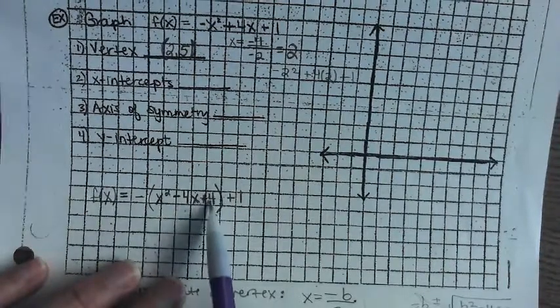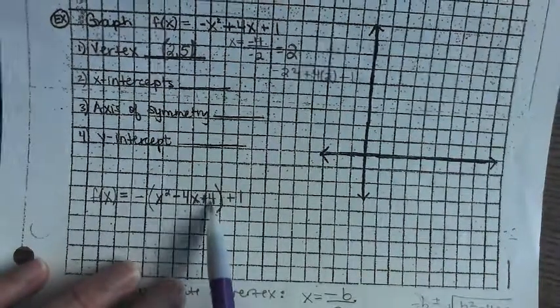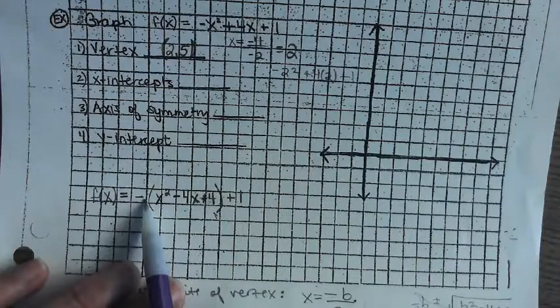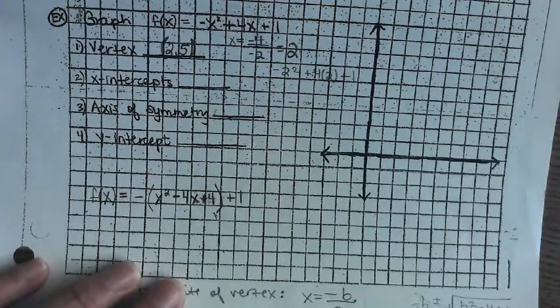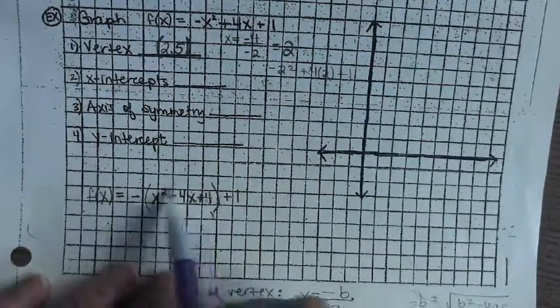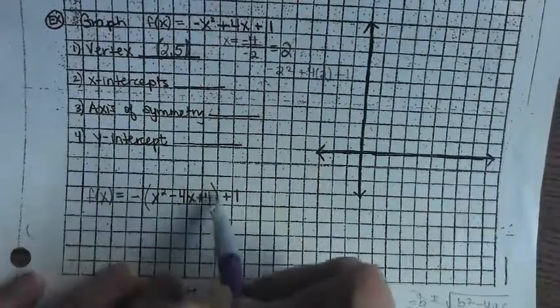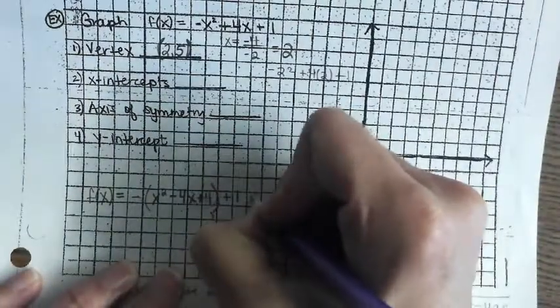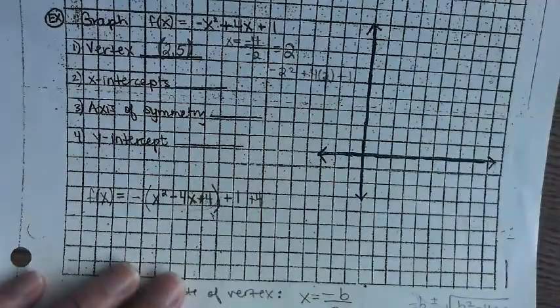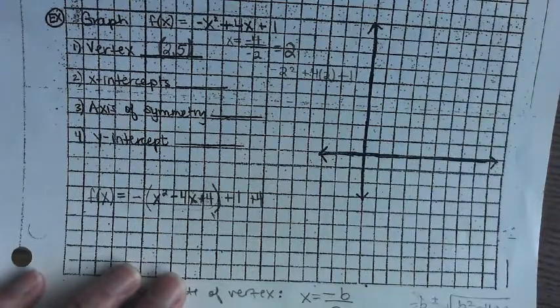Even though I added 4, it was in a set of parentheses that has a negative out in front. So what did I really do to this equation? I technically subtracted 4. So in order to keep things all equal, if I subtracted 4 here, I need to add 4 back to this side to make sure it's not been changed.